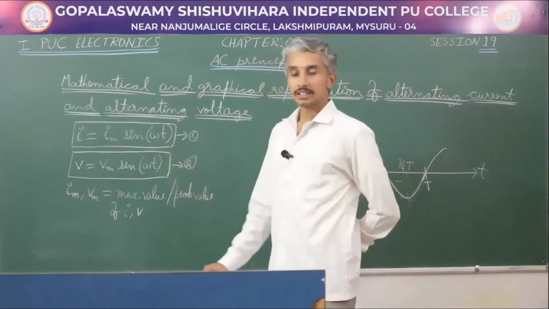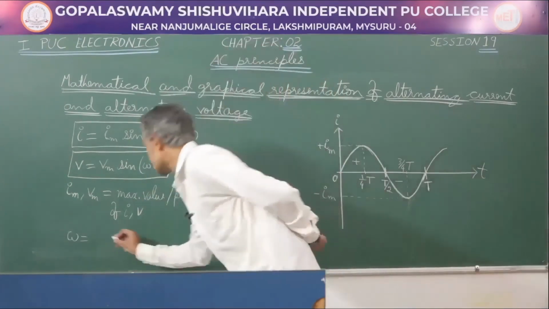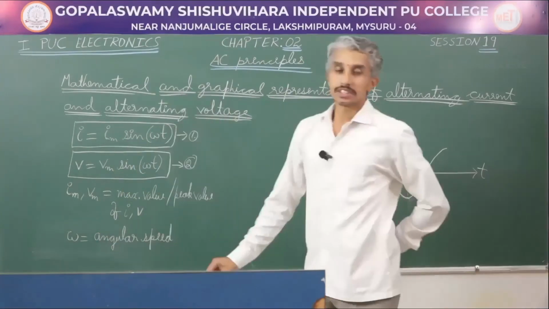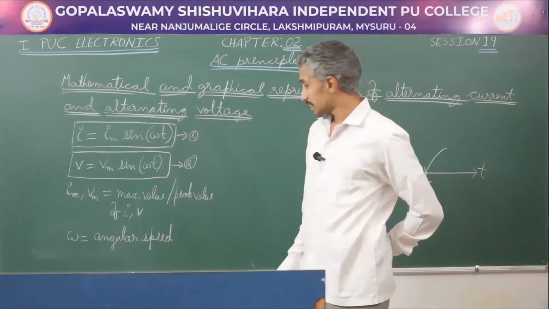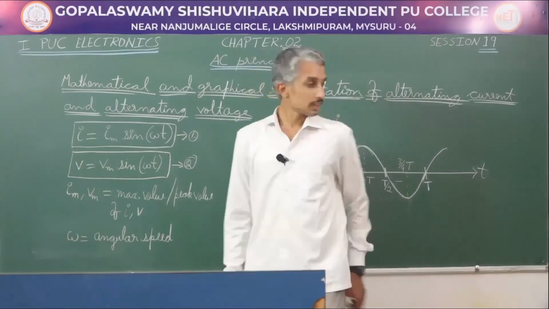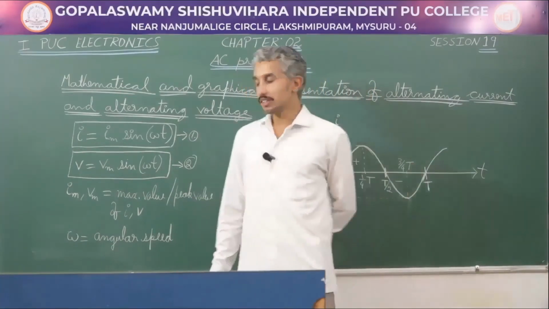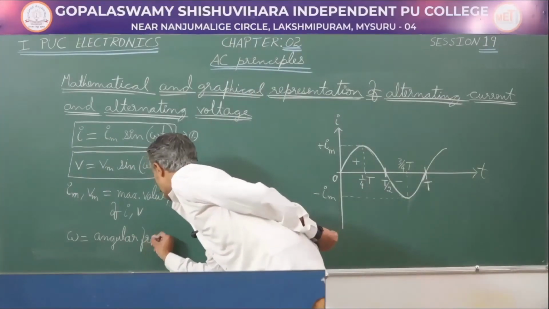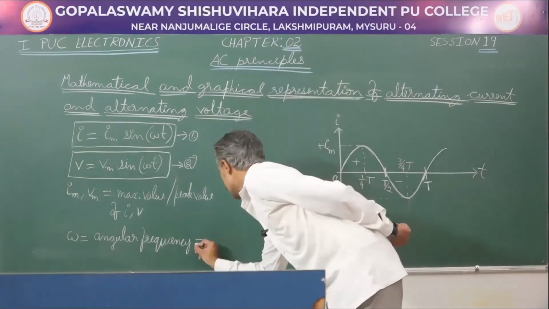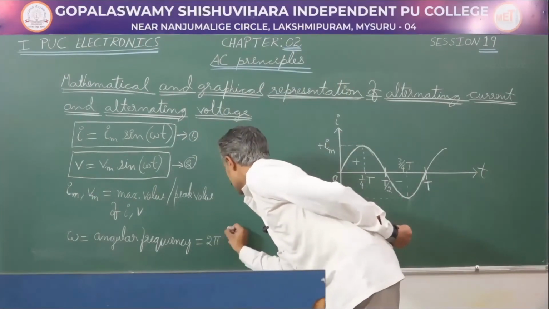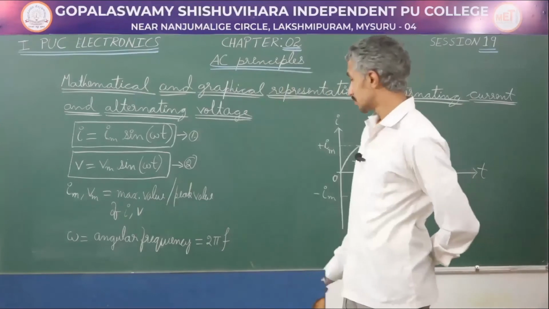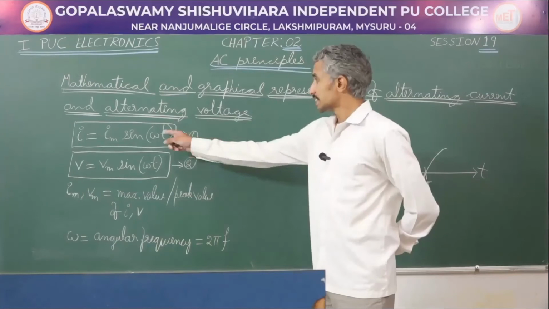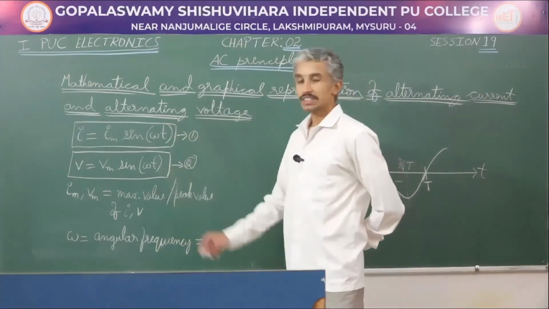And omega, we have learned, is nothing but angular speed. In case of circular motion, we generally consider angular speed. In case of AC, where there is change in cycle, we can more rightly mention it as angular frequency, and this is equal to 2 pi f, where f is the frequency of the AC current or of the AC voltage.